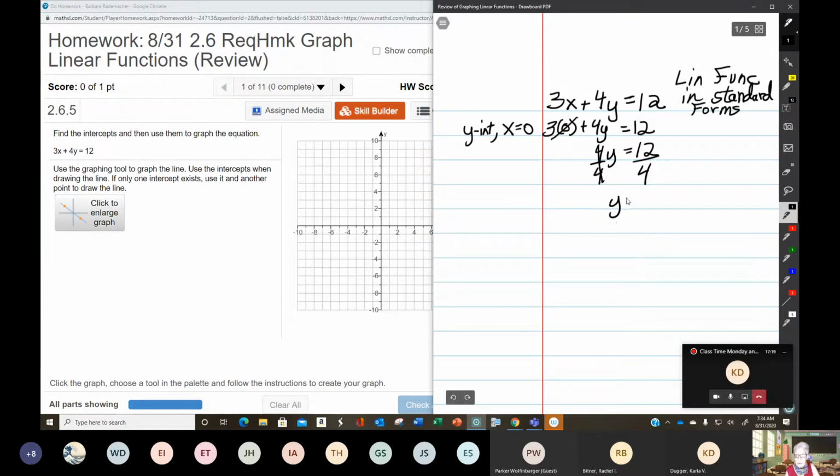And I find out that when x is 0, y is 3. So my y-intercept is going to be the point (0, 3).